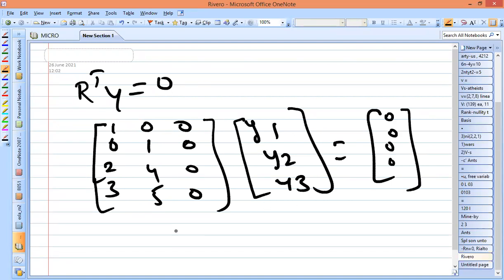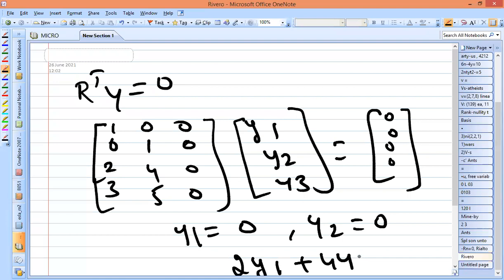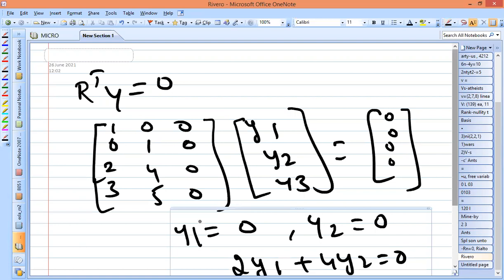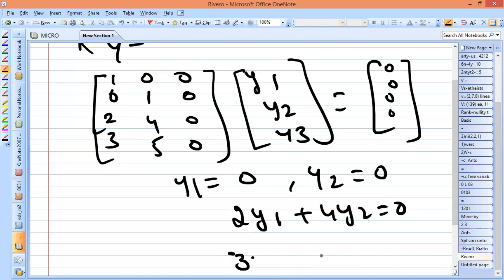Now if you write the equations, y1 will be 0, y2 will be 0, and next we have 2y1 + 4y2 = 0, and then 3y1 + 5y2 = 0. Now you can identify the pivots.